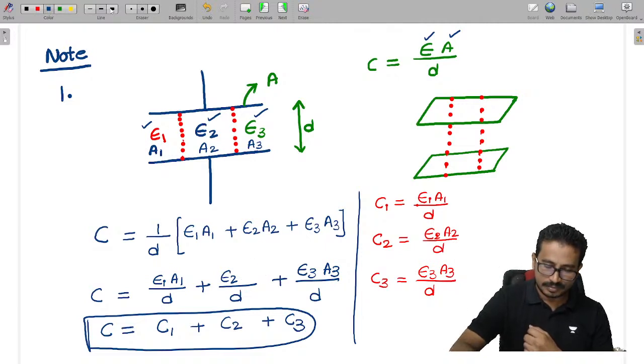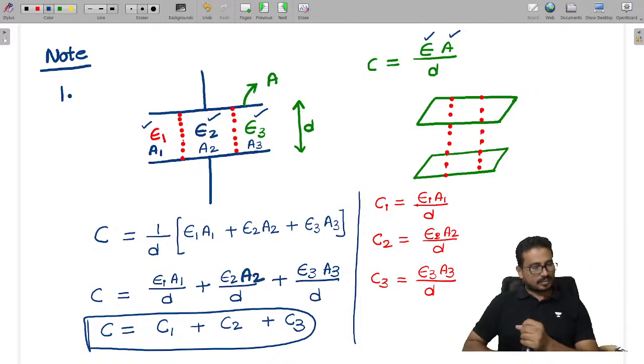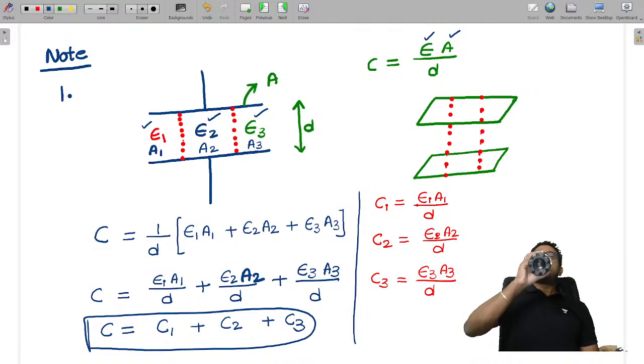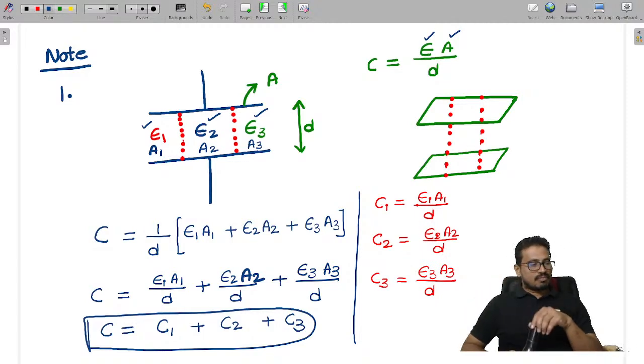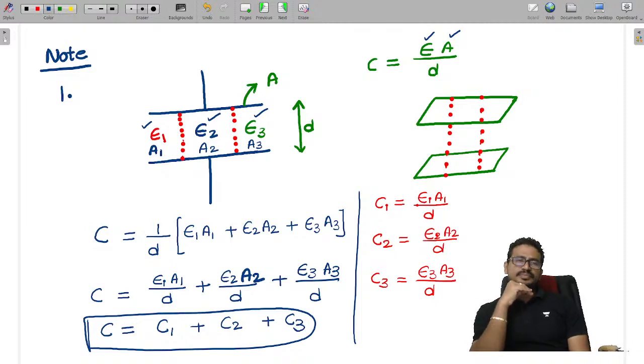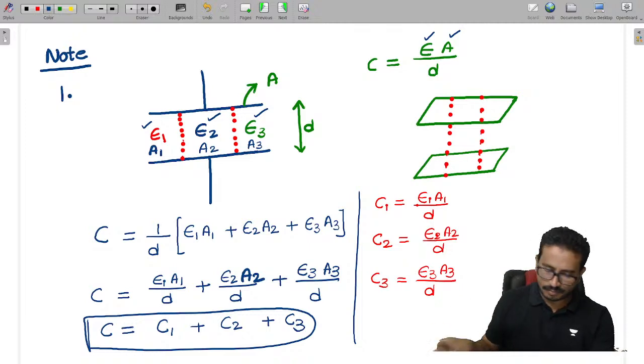Now tell me, in parallel connection, what is the voltage across each plate?